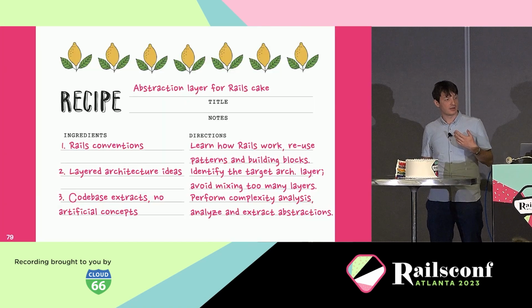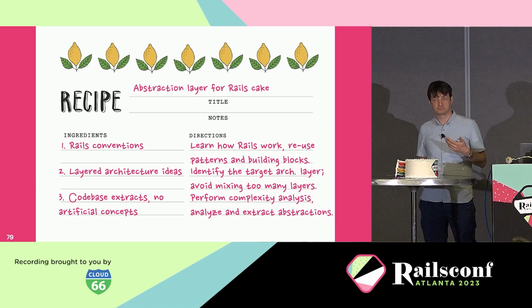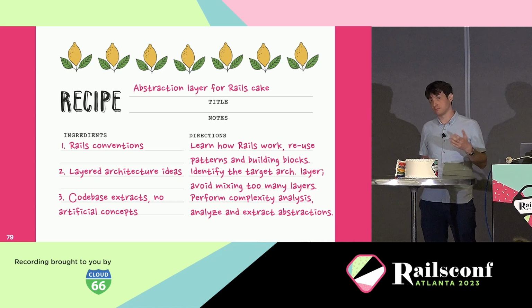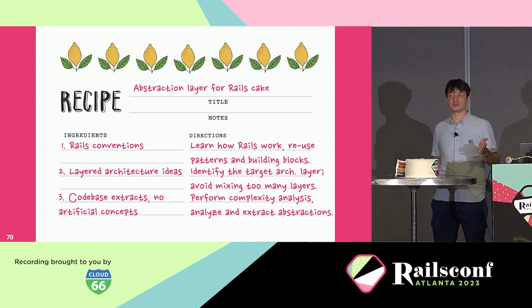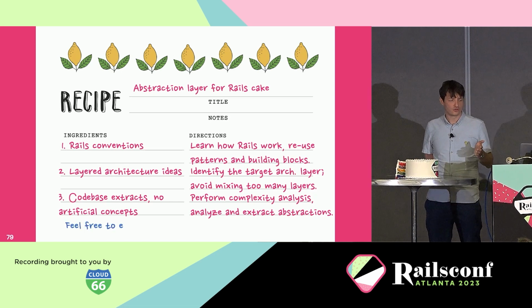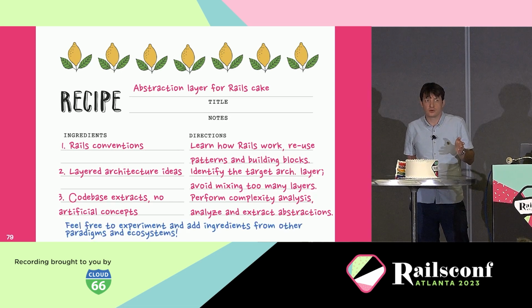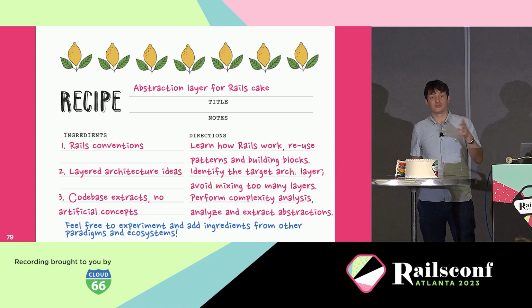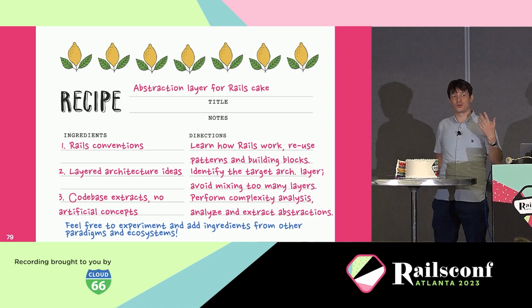So that was an example of this recipe in action. There are many questions left. For example, can I use something not from Rails to build my abstractions? Sure. Like with any culinary recipe, it's okay to experiment.